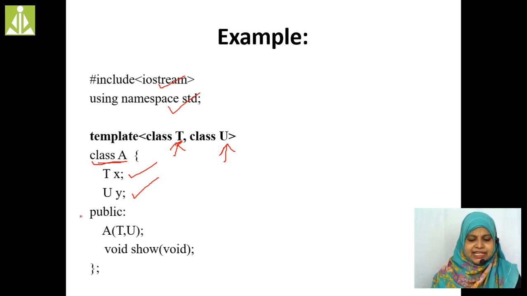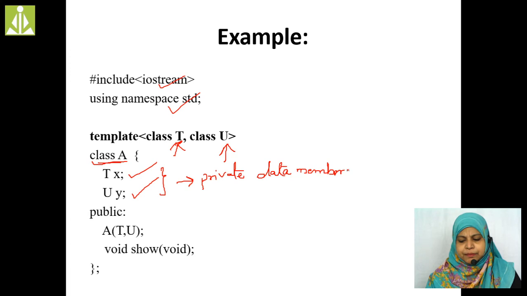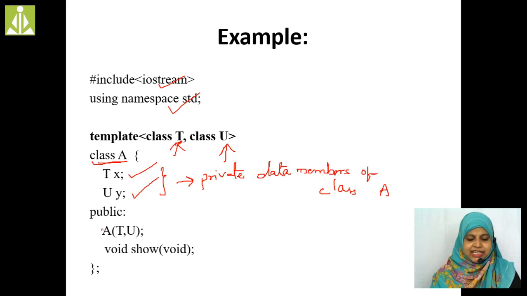Now, in the private section, these two, x comma y, are private data members of class A. Here in public mode, I am going to define one constructor.